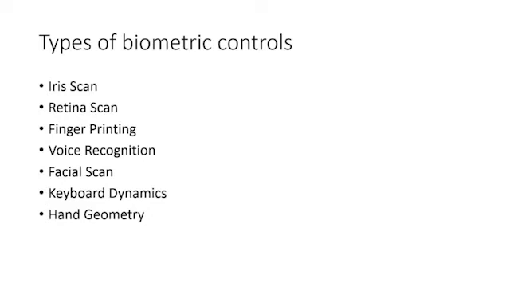Fingerprint scanning, or fingerprinting, is pretty common nowadays. I mentioned that my cell phone has a fingerprint reader on it. So I can pick up my phone, turn it on, and if it's locked after so long, I scan my finger, and it unlocks my phone because it's identifying me and authorizing me once I authenticate myself.